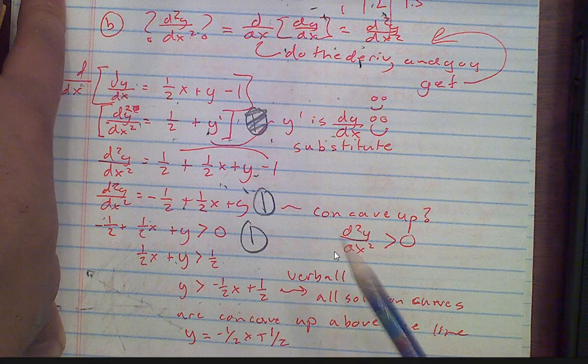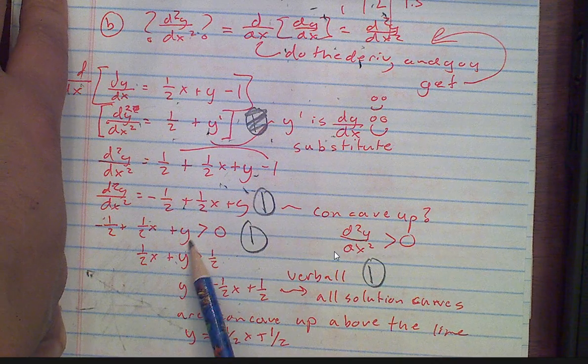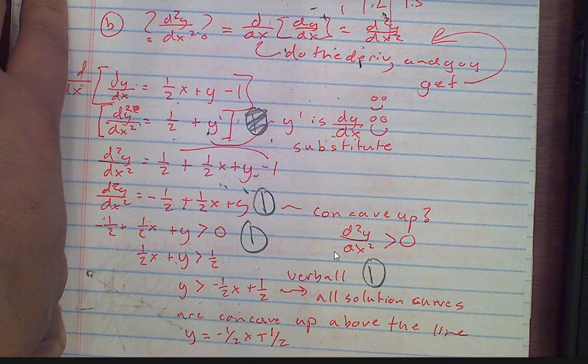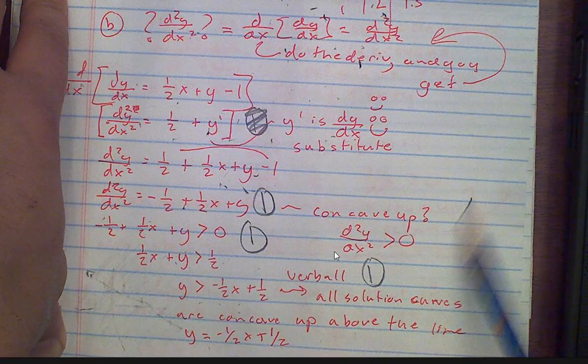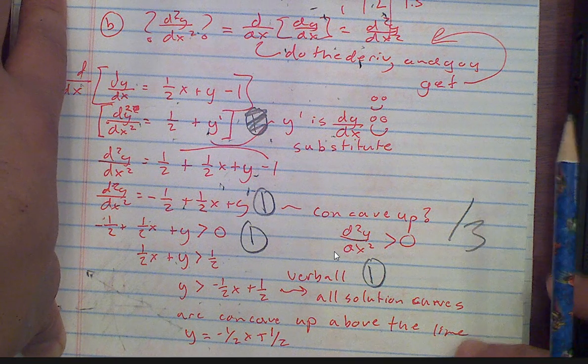So either way, however you verbalize your second derivative, you're going to have to give yourself some slack if you never got to this part. But that's out of 3. So we got out of 2, out of 3. Let's move on to the next one.